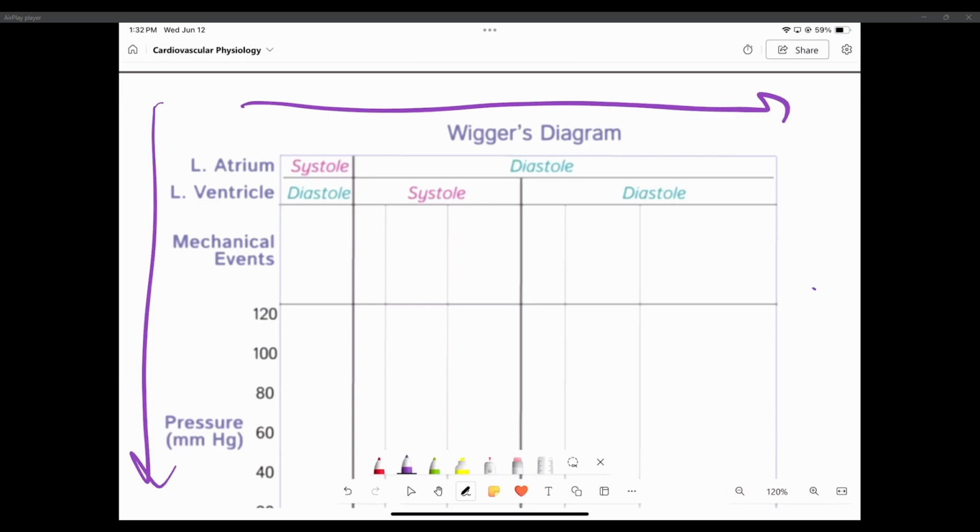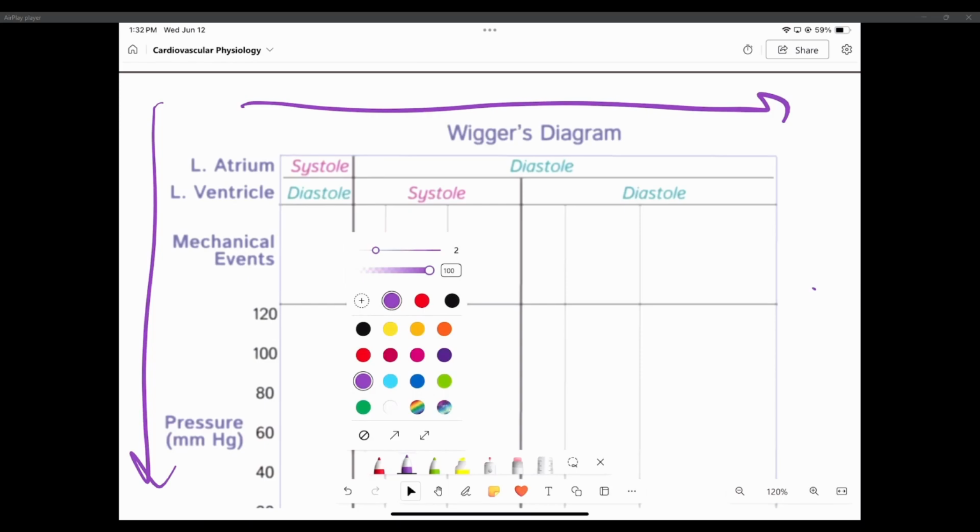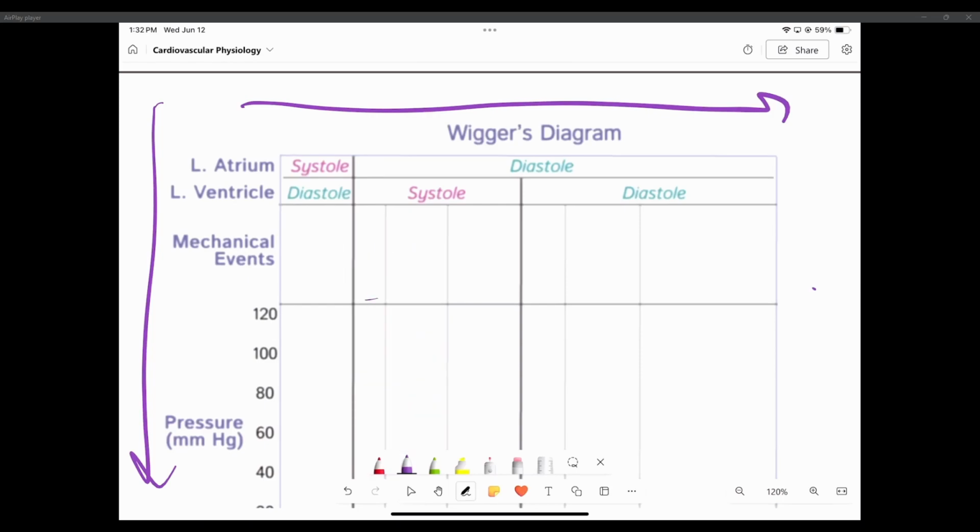So the first thing that happens is isovolumic contraction. You already have the real thing in the modules. After isovolumic contraction, what happens next? We get ejection of blood.